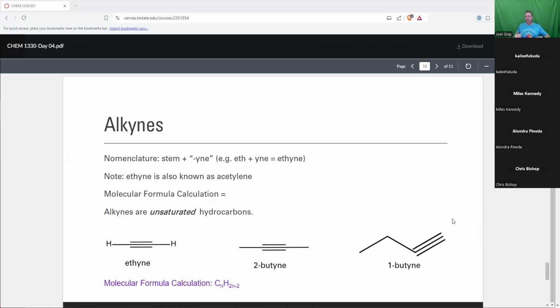When you're drawing these, it's helpful to start from someplace, but your aim shouldn't be to put your group on the right-hand side. You want to give your group the lowest possible number for that straight chain. Okay, so that's our alkanes, alkenes, and alkynes.